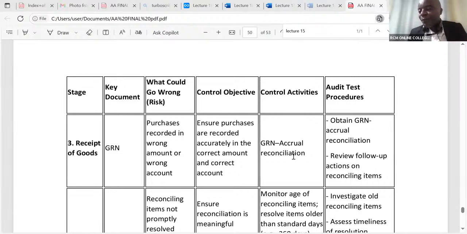So remember that all this risk assessment, etc., is being done by the organization. You, as an auditor, now do the audit test procedures. Remember, ladies and gentlemen, whenever you talk of audit test procedures, there are things you're supposed to always remember.